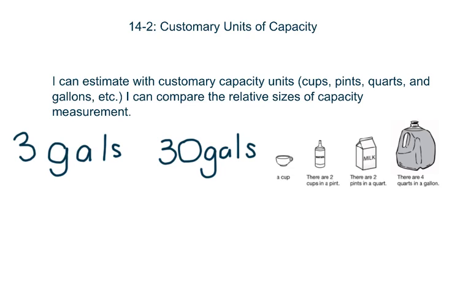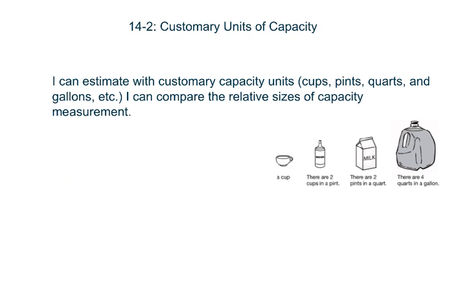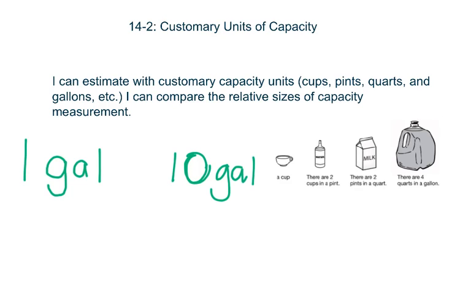You're right. A bathtub would be much more likely to be 30 gallons. Now let's think of a bucket. Is a bucket more likely to be 1 gallon or is it more likely to be 10 gallons? A bucket is closer to 1 gallon.